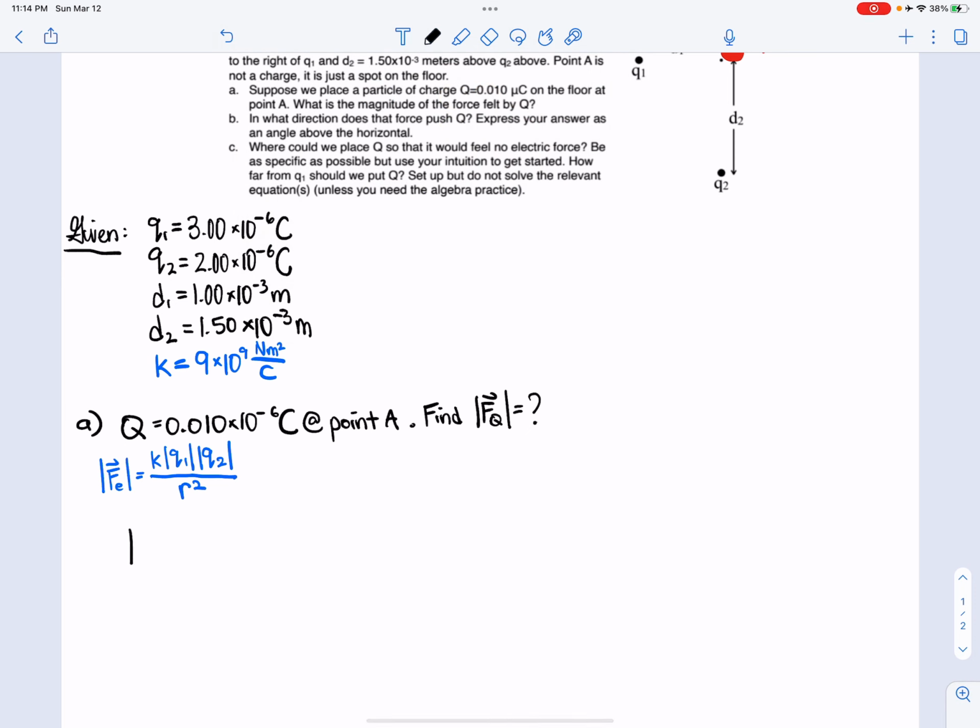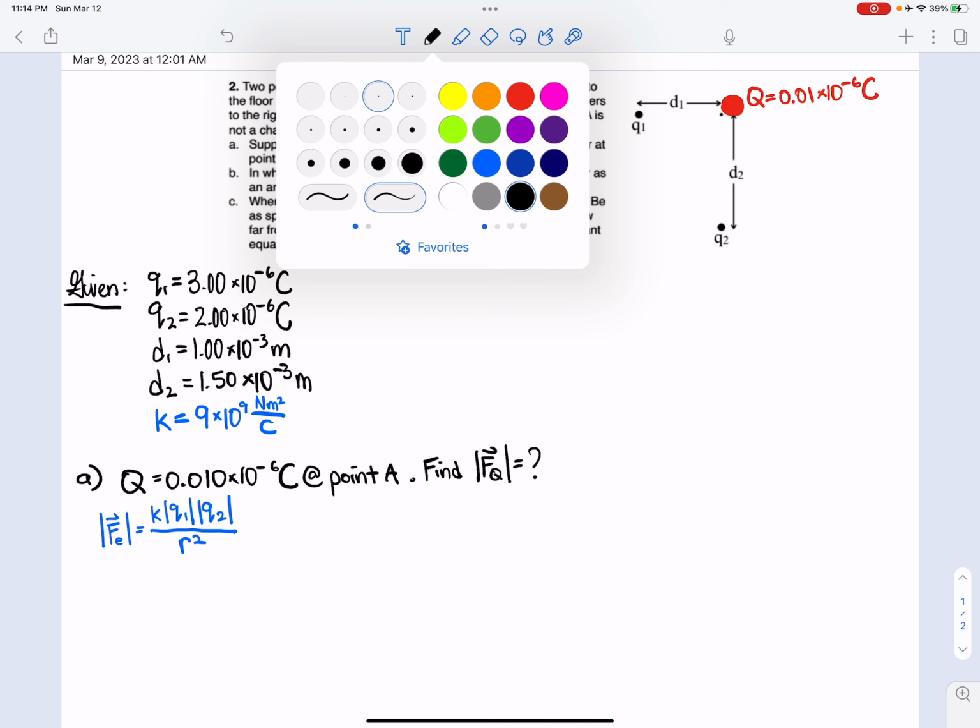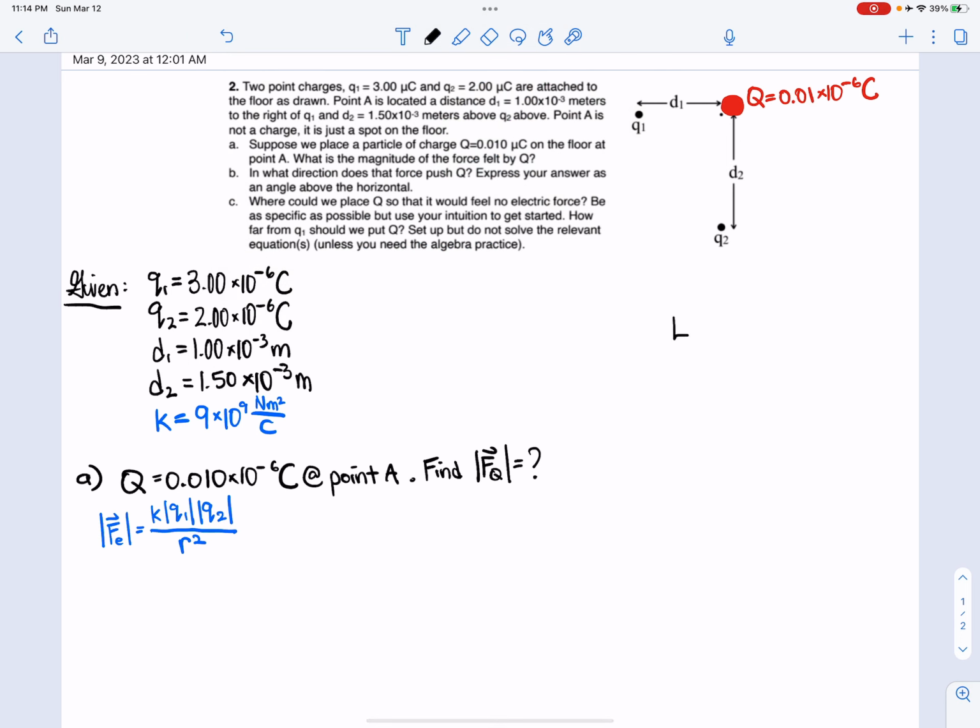So I'll draw. Let's make a visual right here. We have our coordinate system of x and y, so this is y and this is x. And I have this particle of charge capital Q that we placed right here.